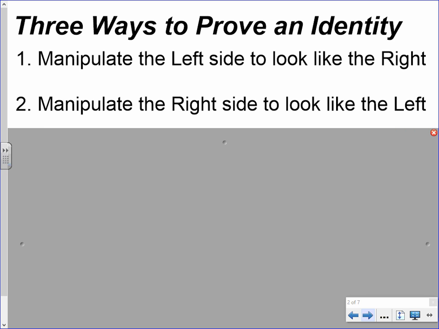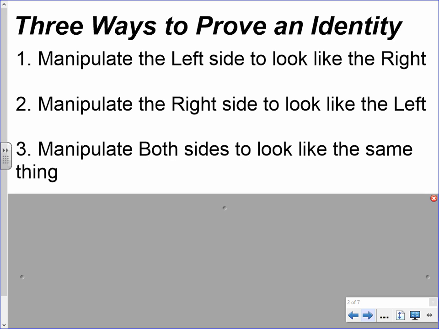Or, what's my or? No, it's all up to you. You could manipulate both sides at the same time until they're the same. Okay? Point of the matter is, when both sides look the same, you have finished your proof.